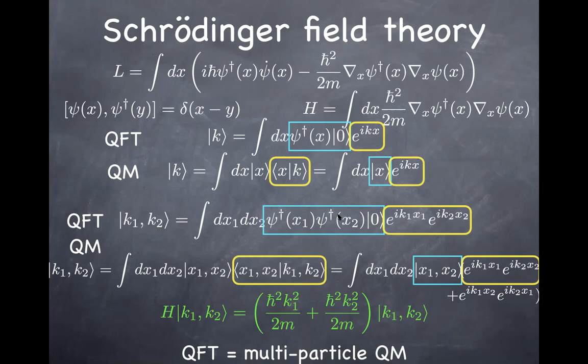A single field psi always produces identical particles. No matter how many times you use psi dagger to create more particles, the particles created are always identical because they came from the same field operator. But if you talk about two non-identical particles, you need to start with a theory that has two different fields in it.